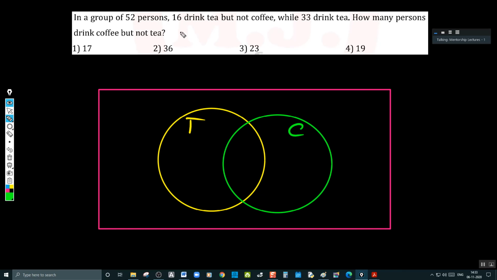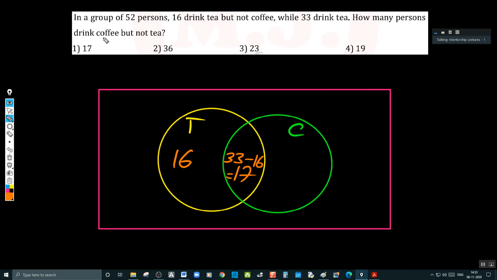Now I'm just taking the data. Totally 52 persons are there. 16 drink tea but not coffee. So 16 is fixed in this area, which is only tea but not coffee. While 33 drink tea, that means in this 33, the 16 is also present. So this is 33 minus 16, how much? 17. 17 are there in the common area.